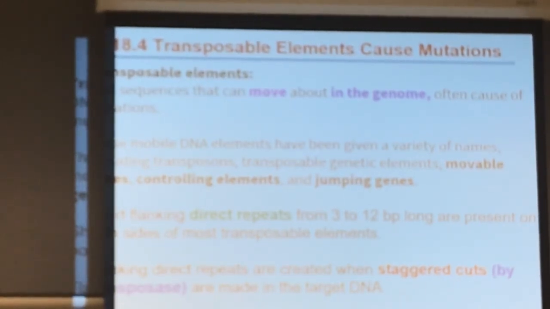These staggered cuts are made by transposase, an enzyme. There are enzymes that cut the DNA in these direct repeats, and now these genes have copied themselves, and they move from one chromosome to the other chromosomes. Transposable elements are found in prokaryotes and also in eukaryotes like us, like human beings.